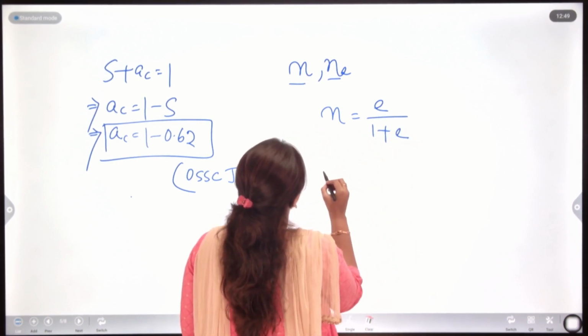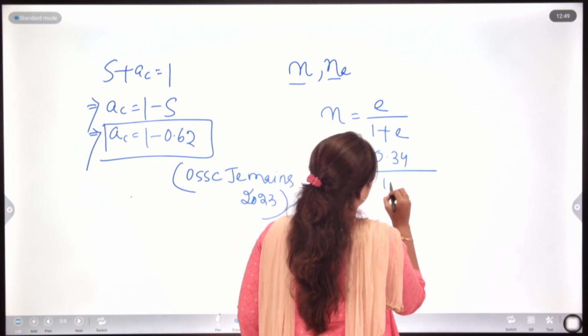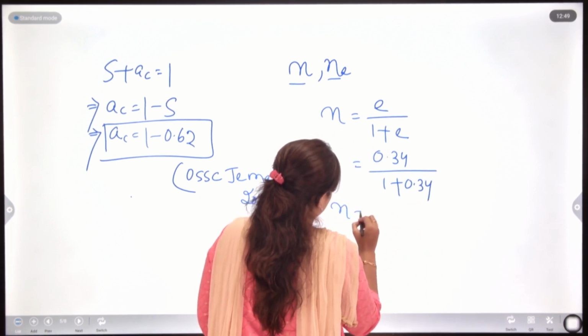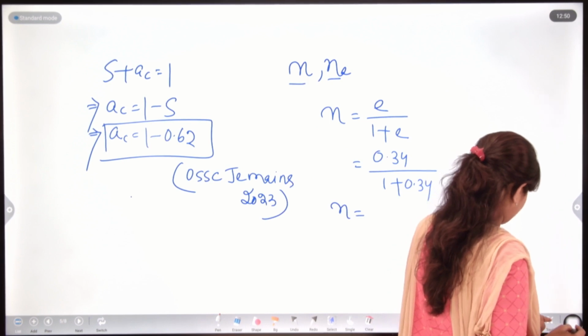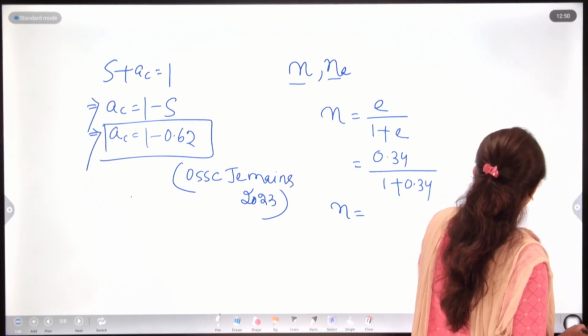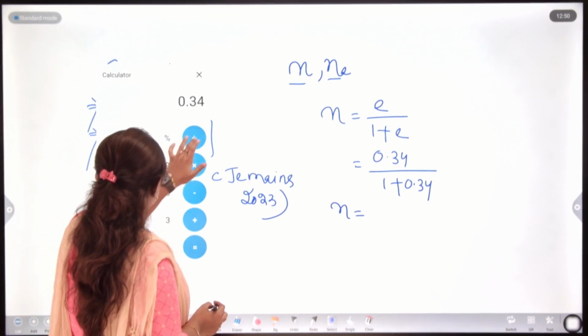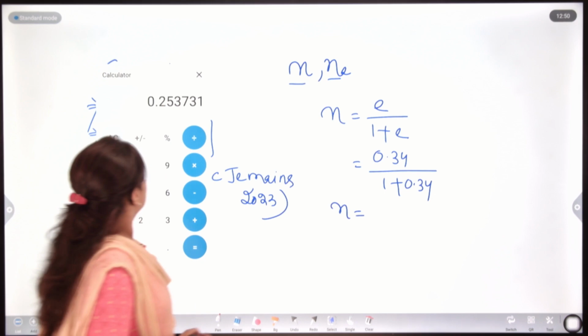So, e is our 0.34 upon 1 plus 0.34. Eta is how much? 0.34 upon 1.34, 0.34 by 1.34, 0.25.